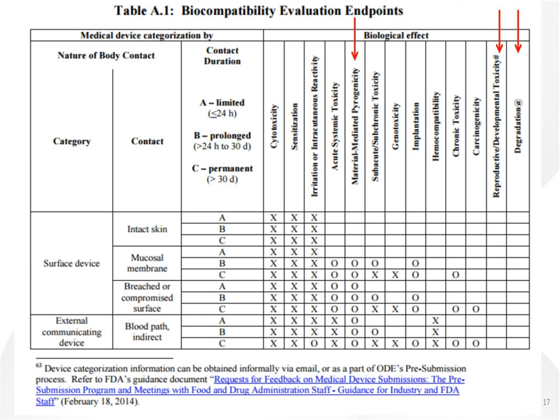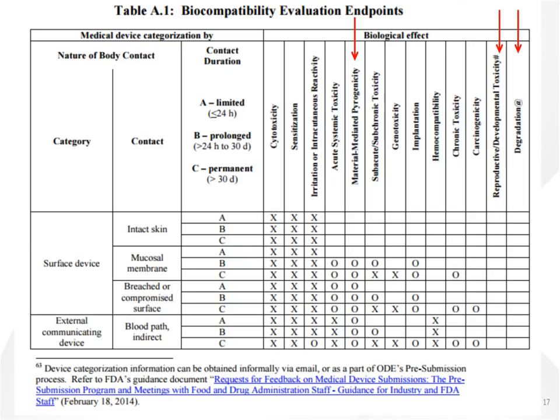I wanted to point this out too. This is the chart in the new guidance document from the FDA. I have some arrows there that are some differences from this chart compared to the latest ISO 10993 chart. The main differences are they've added material-mediated pyrogen. So before, that was kind of an understood test if you had to do acute systemic toxicity.